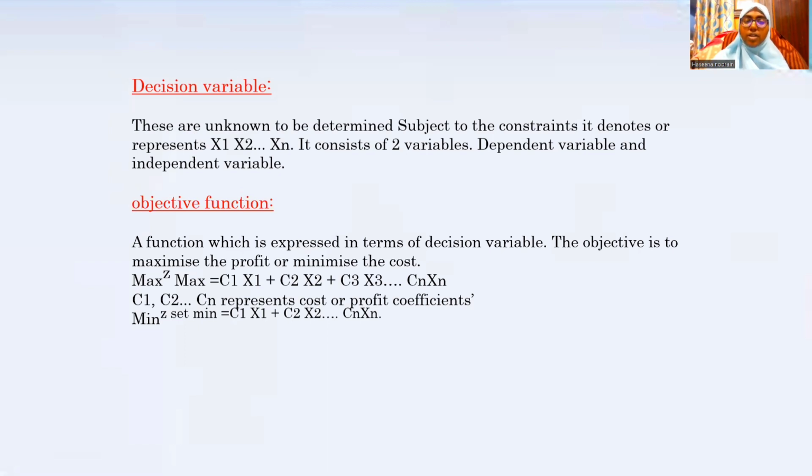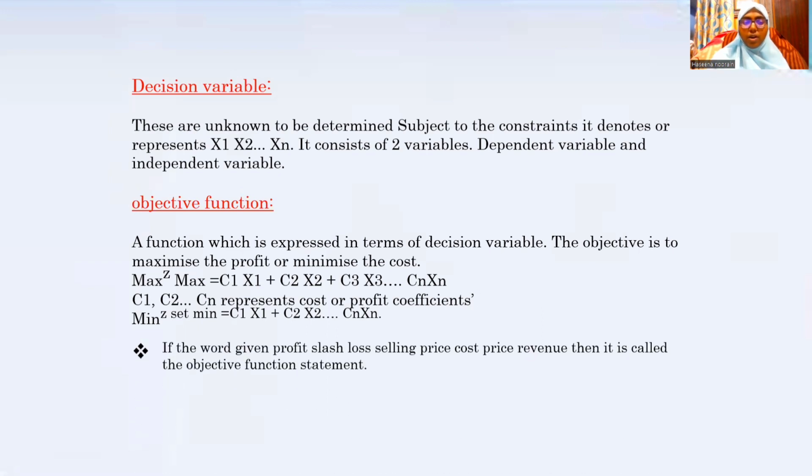Whereas Z minimization, which means Z minimum cost, represents C1 x1 plus C2 x2 up to Cn xn. Now, if there is a word given like profit, loss, selling price, cost price, or revenue, then it is called an objective statement.